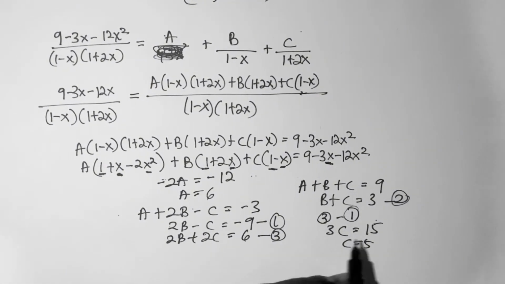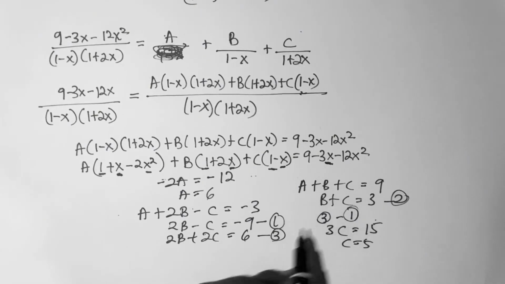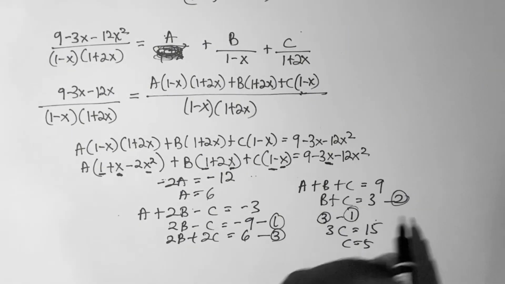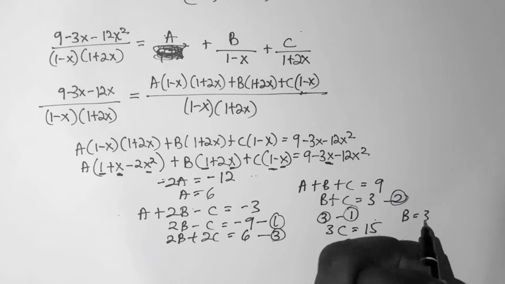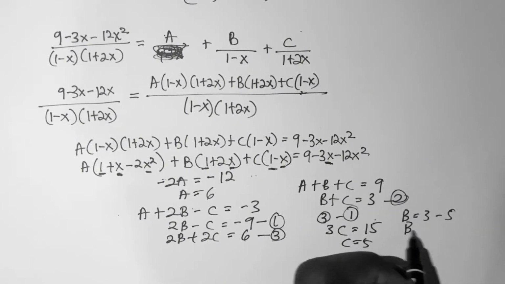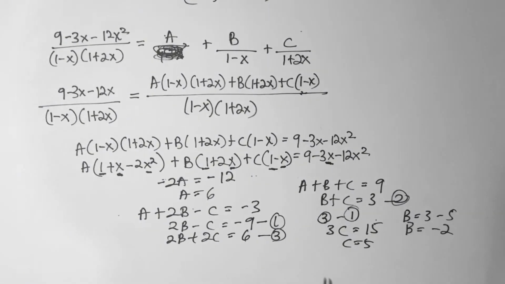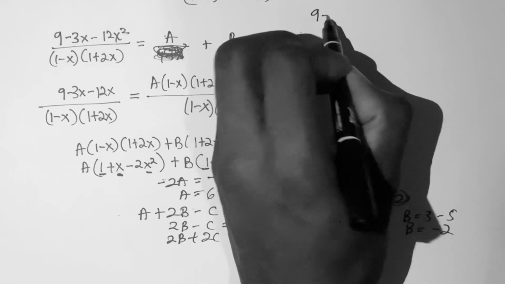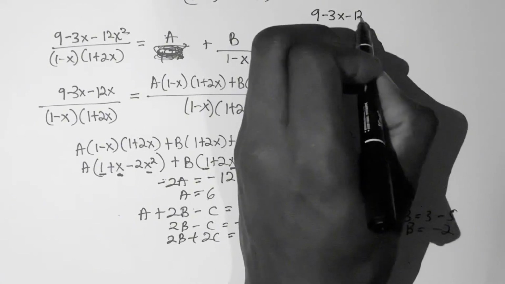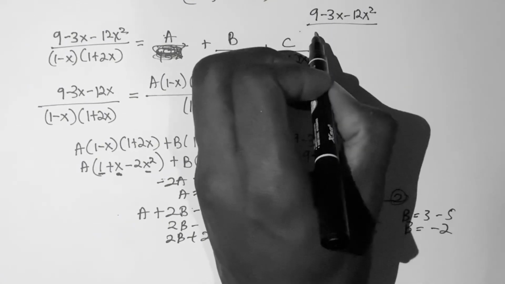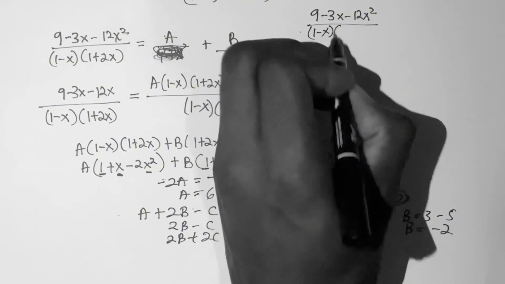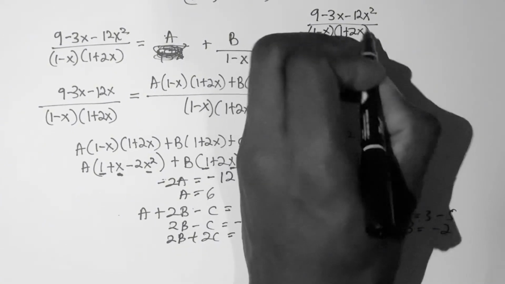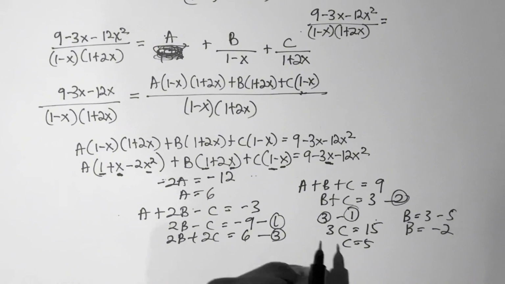Now that we've gotten c equals 5, we know that b plus c equals 3. So in other words, b is equal to 3 minus 5, and therefore b is equal to minus 2. So a is 6, c is 5, and b is minus 2. So this implies that 9 minus 3x minus 12x squared divided by bracket 1 minus x times bracket 1 plus 2x is equal to a.